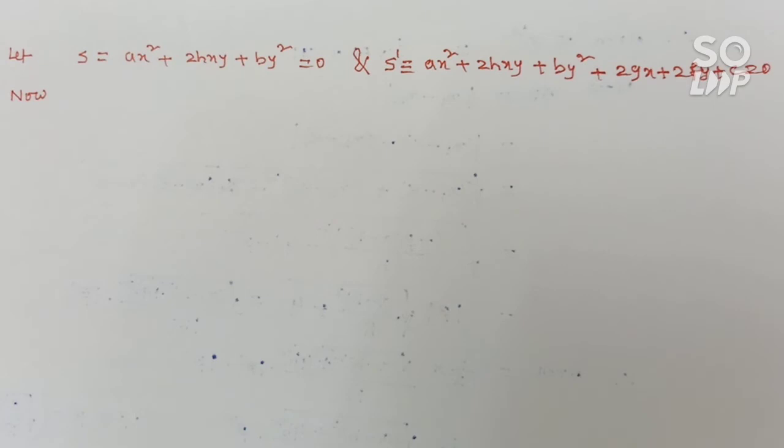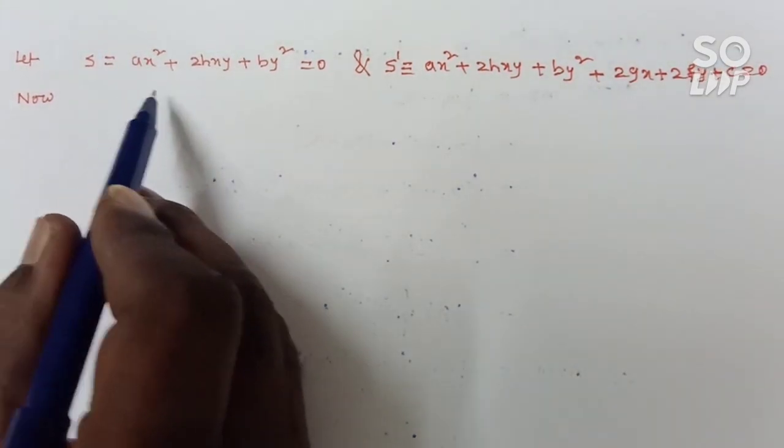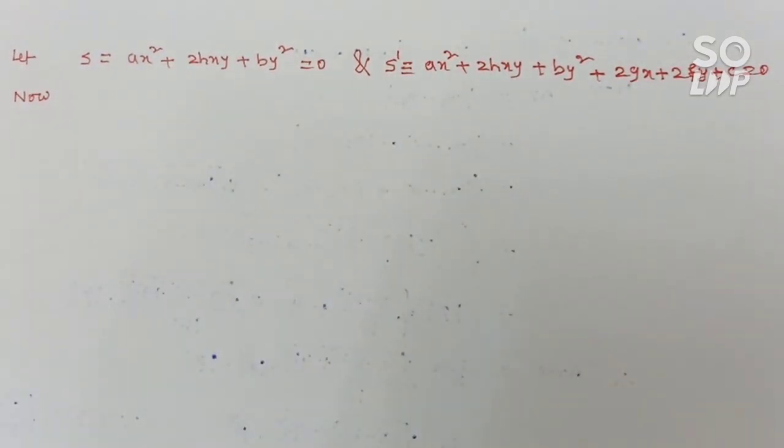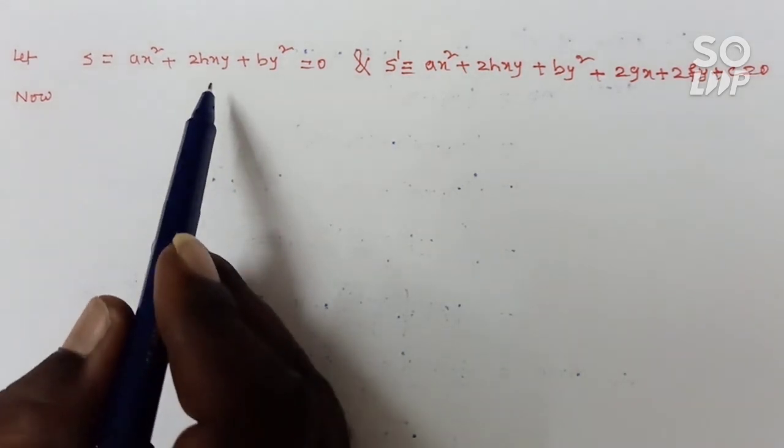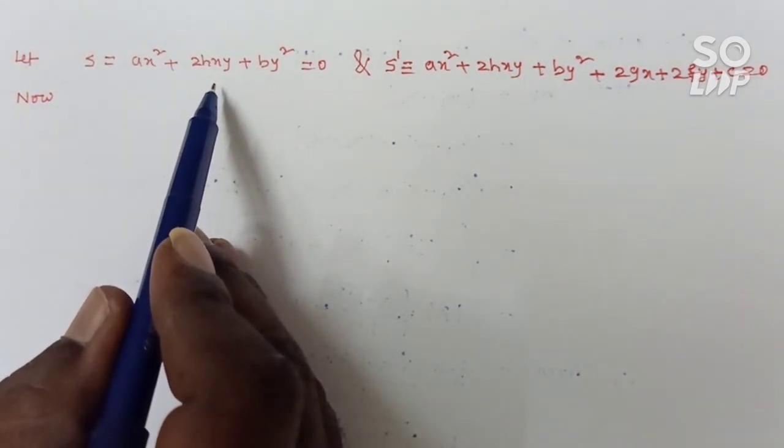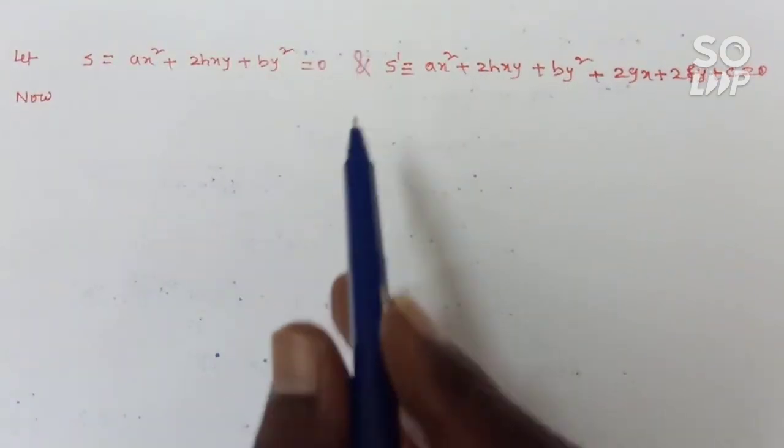Totally 4 lines. Now what is the equation of the line passing through the intersection of these two equations?